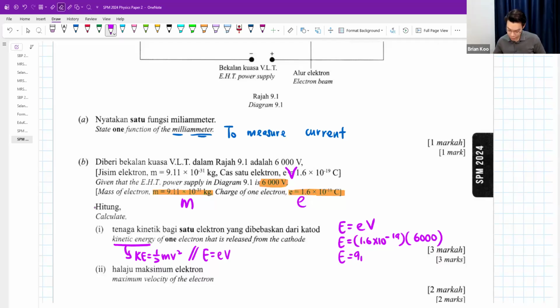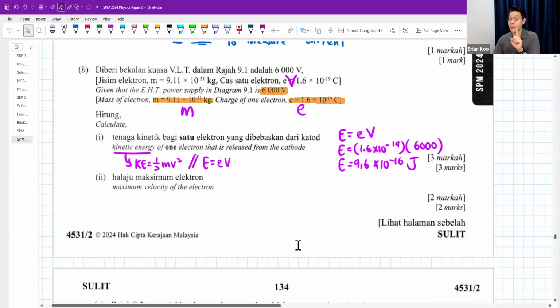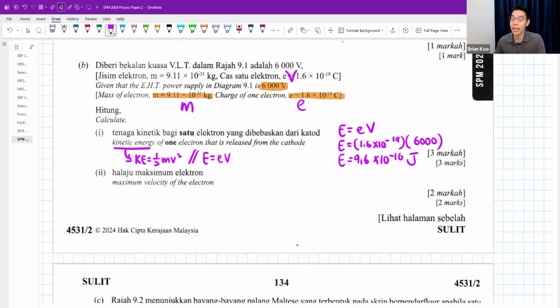I get 9.6 times 10 to the power of negative 16. This is going to be joules. This is for one electron only. Then the maximum velocity of that electron is going to be, again, this energy is half mv squared this time. You have the energy. You sub the mass of one electron, and you want to find out the speed.